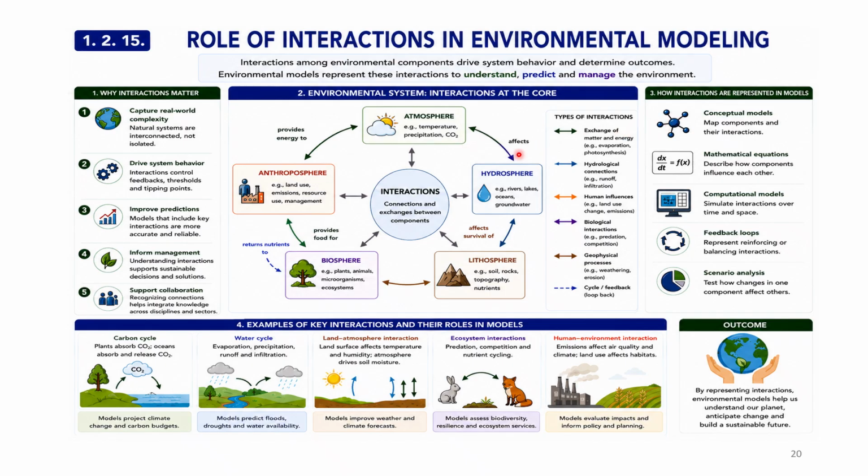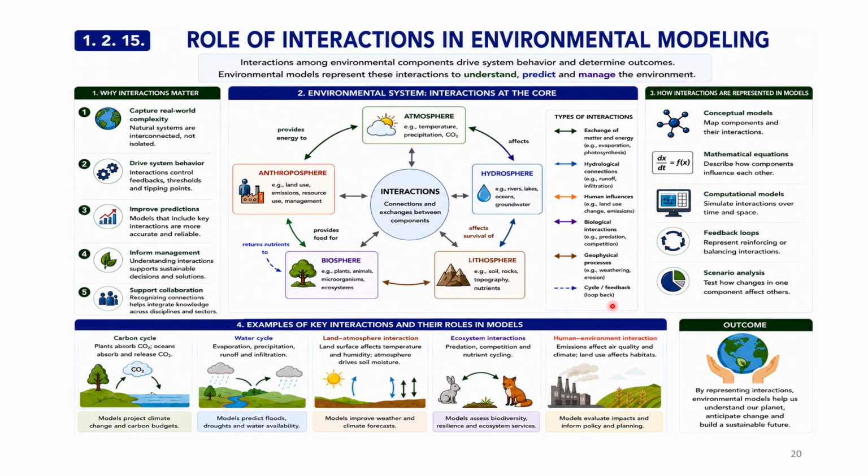For example, plants in the biosphere absorb carbon dioxide from the atmosphere, while oceans in the hydrosphere store and release carbon, influencing climate regulation. Environmental models represent these connections using conceptual diagrams, mathematical equations, computer simulations, feedback loops, and scenario analyses. Understanding interactions improves the accuracy of predictions and supports environmental management.